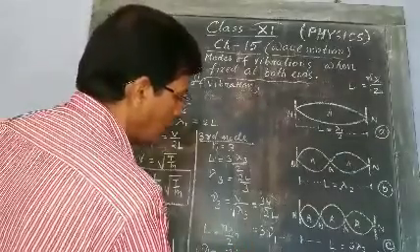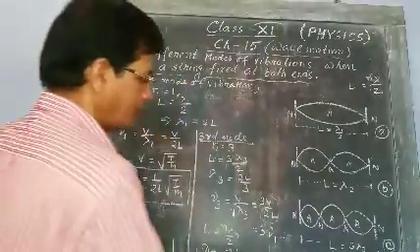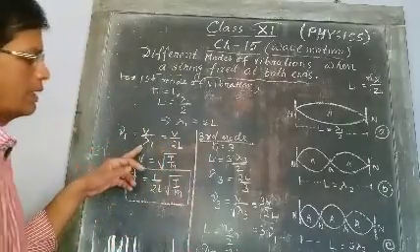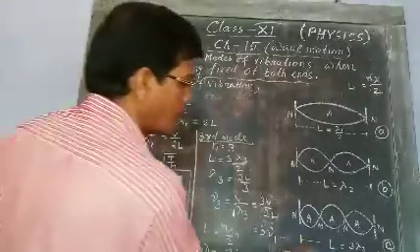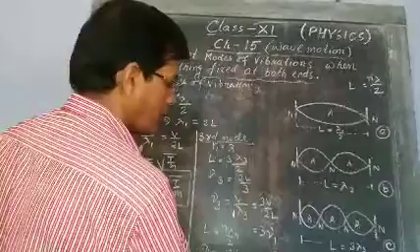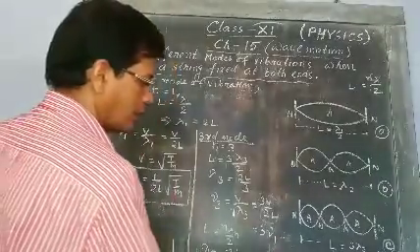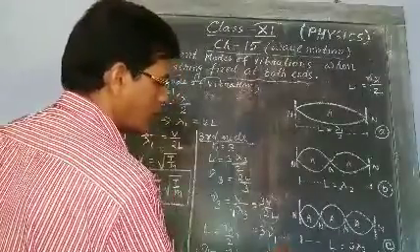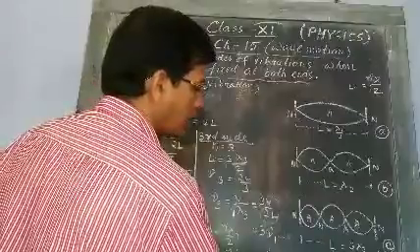So nu n equal to, what we will get? nu n means V by this, that means n V by 2L. But what is V by 2L? nu1. So this is n nu1.